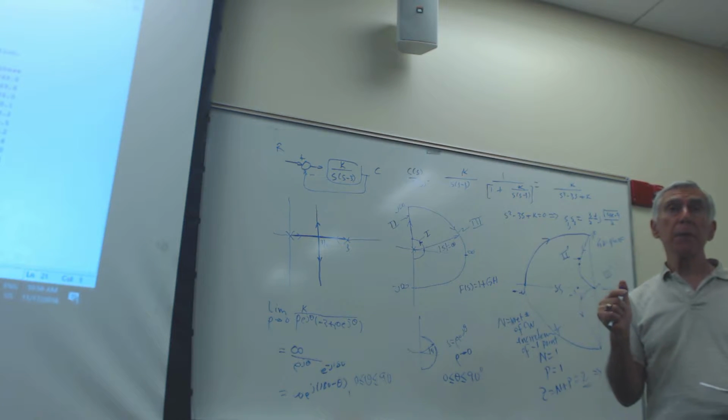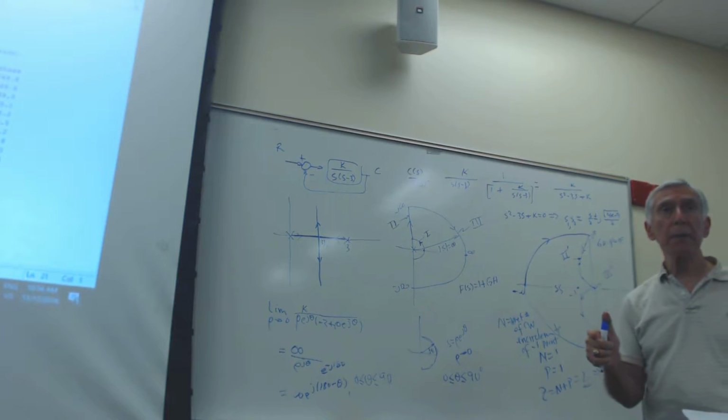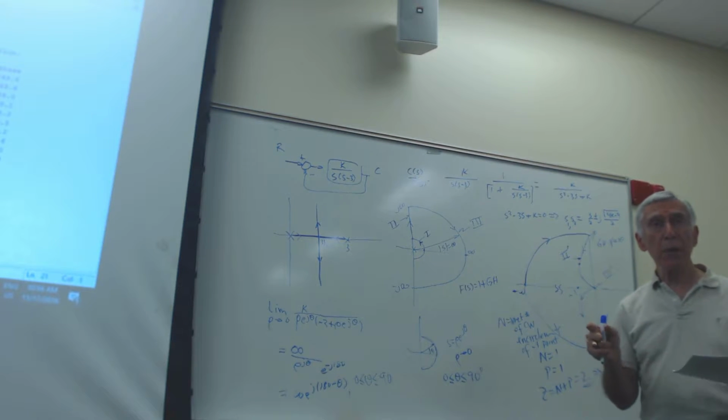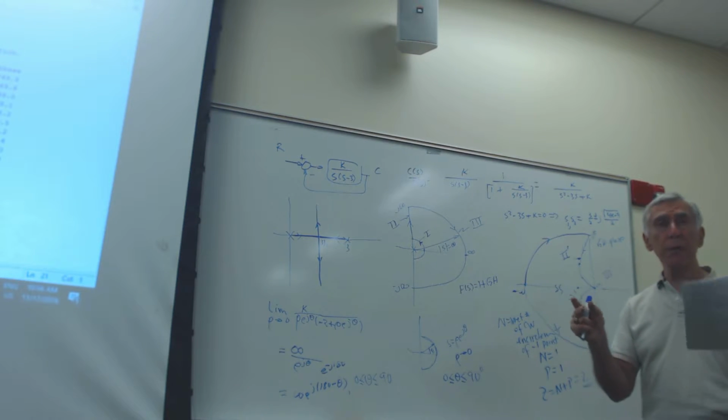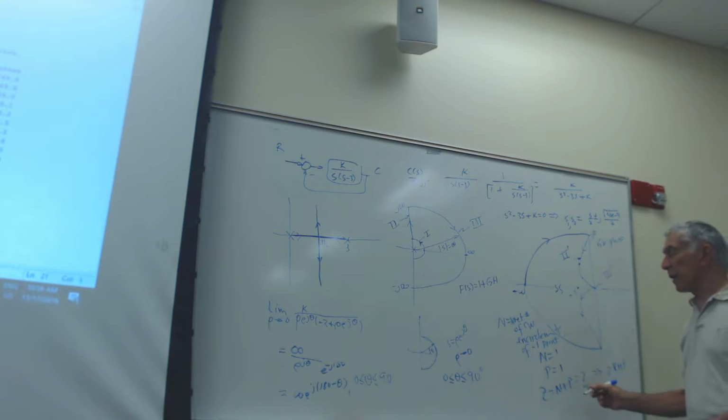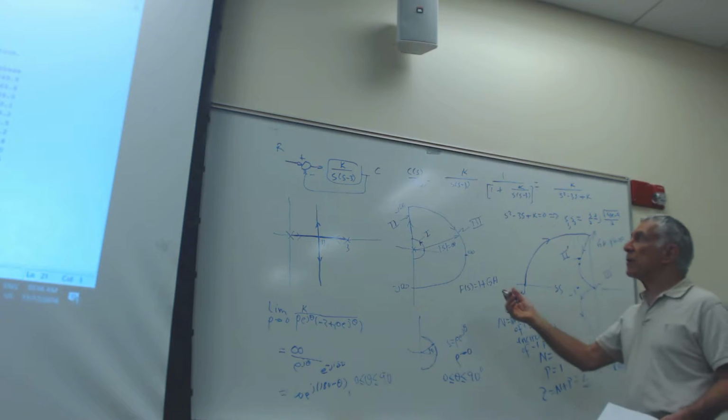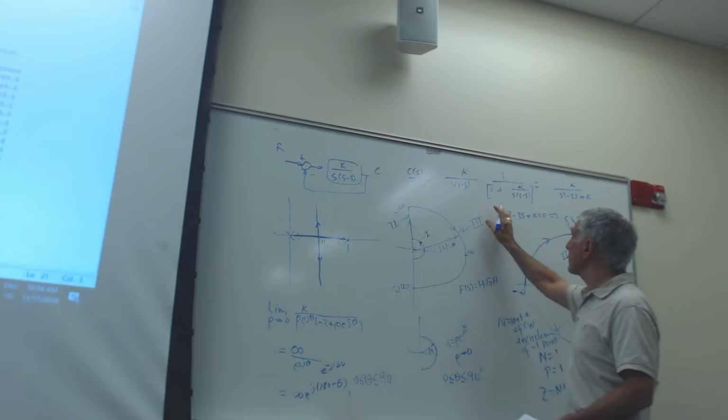Equivalently, we have 2 right half plane zeros of the characteristic equation 1 plus gh, right? And 1 plus gh is the denominator of the closed loop transfer function.